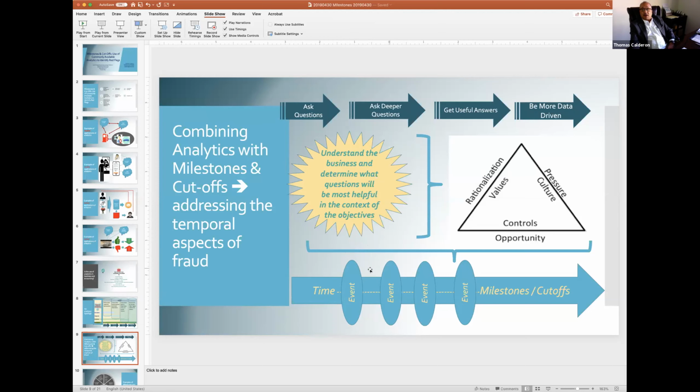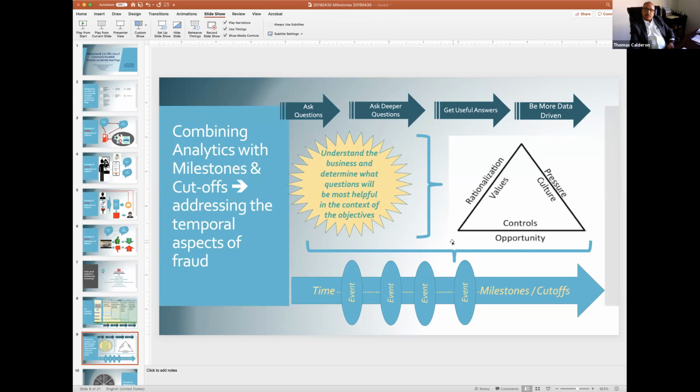Close to the end of a milestone or close to the end of a cutoff could signal very important red flags. As an example, a company might have a big loan with a banker. The banker might stipulate certain debt covenants. One of the debt covenants might be, your company has to earn a return on total assets of 7%, or has to earn a return on total assets of 9%.